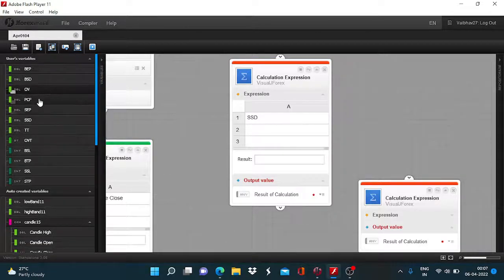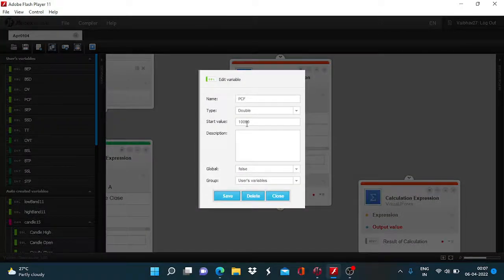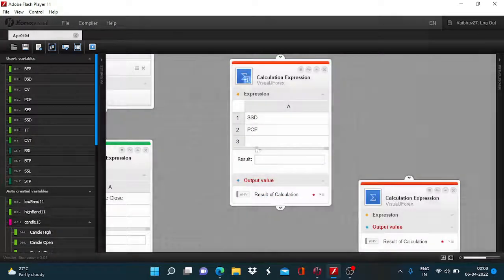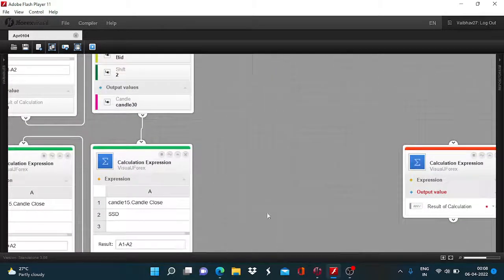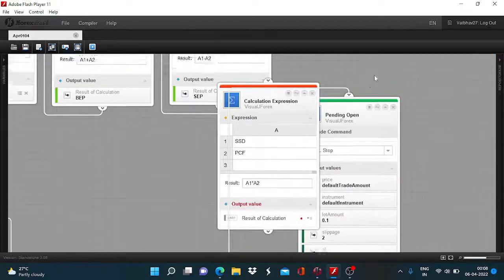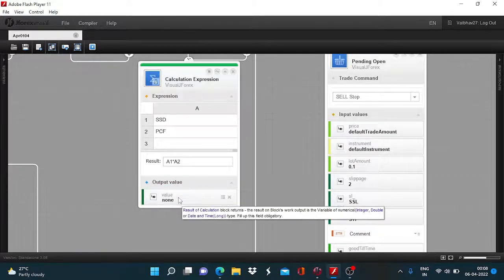So for that we multiply it with 10 raised to the power 4, PCF. That was the variable which I had defined last time around. It has value of 10k. So this will be A1 into A2. And this result output value will be assigned to this newly created variable.